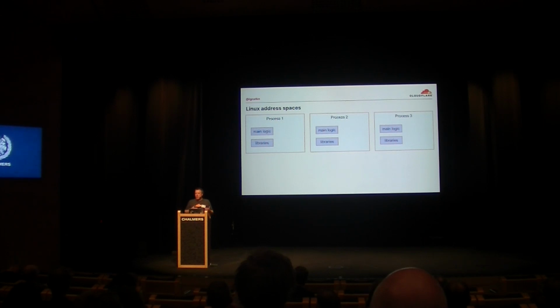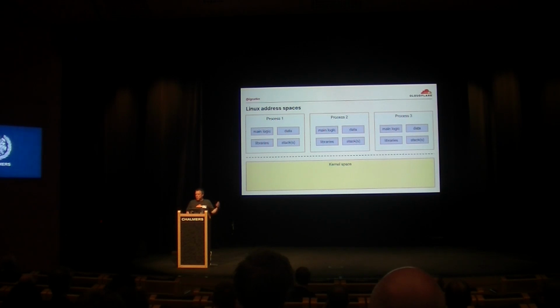If you use some kind of libraries, they're also mapped there. Your program or application has a data section where you store global variables and state. And obviously, because you have functions, you have a stack, or multiple stacks if it's a multi-threaded application. And it all runs on some kind of kernel, like the Linux kernel.